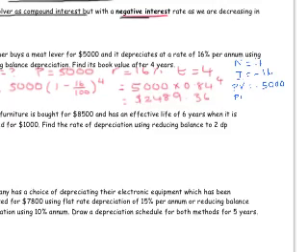PMT, we're not doing anything with, is 0. And FV is what we're trying to find out. PY and CY you just leave as 1, and then you solve for FV and you should get $2,489.36 again. And FV is positive because if you sold it, you're going to get that $2,489.